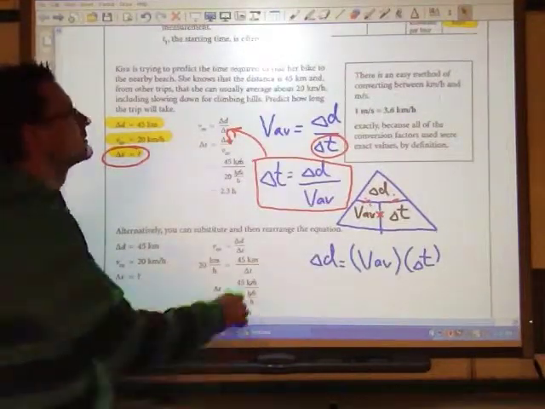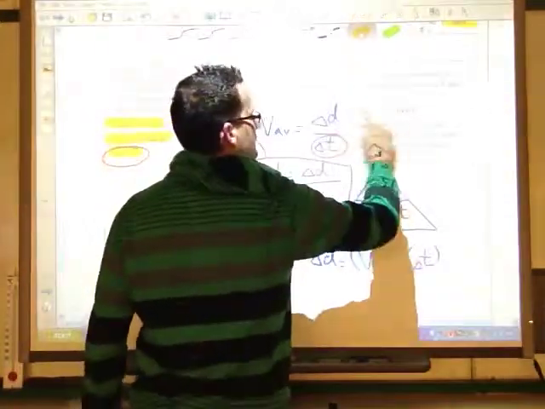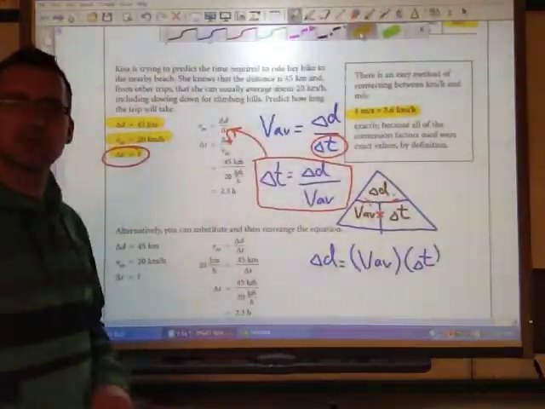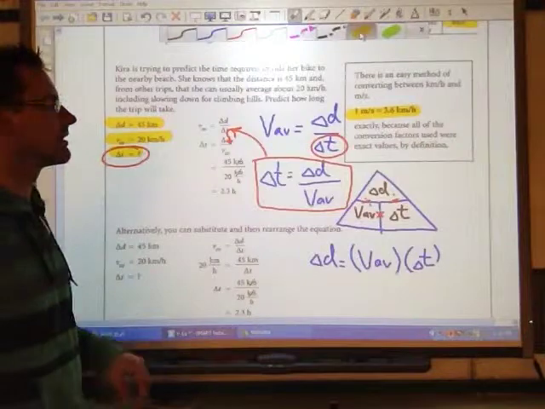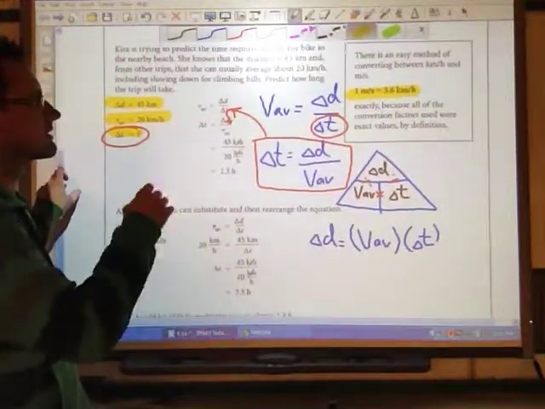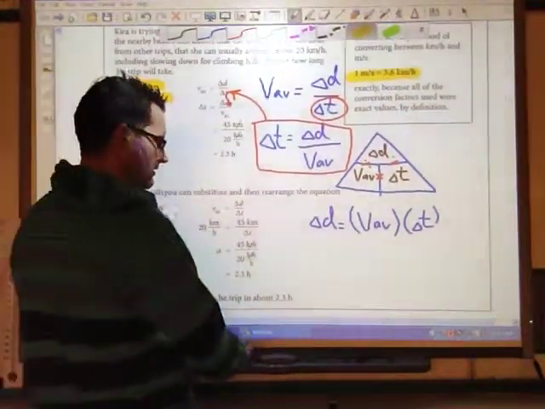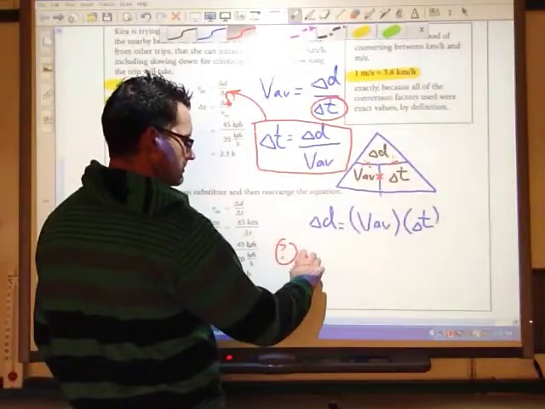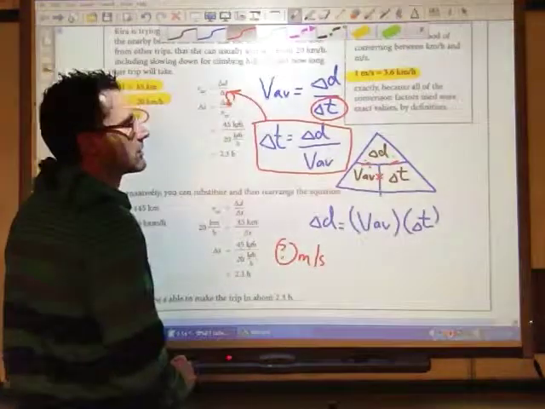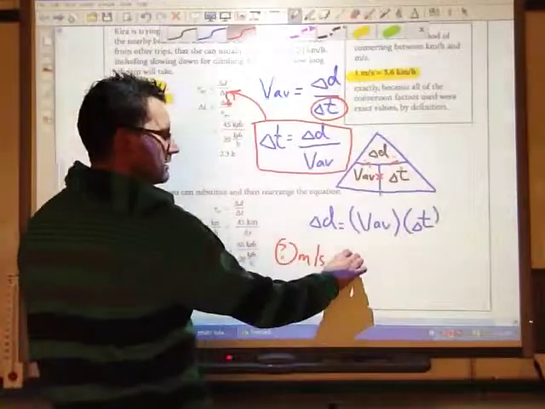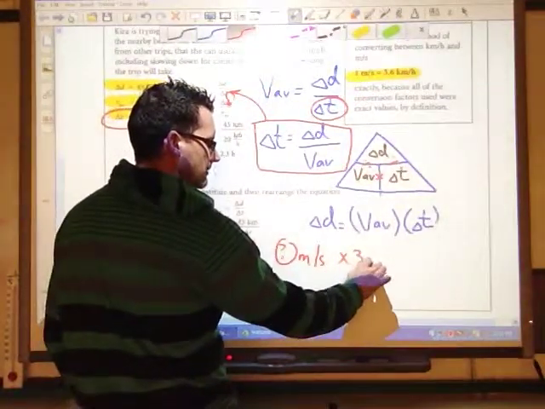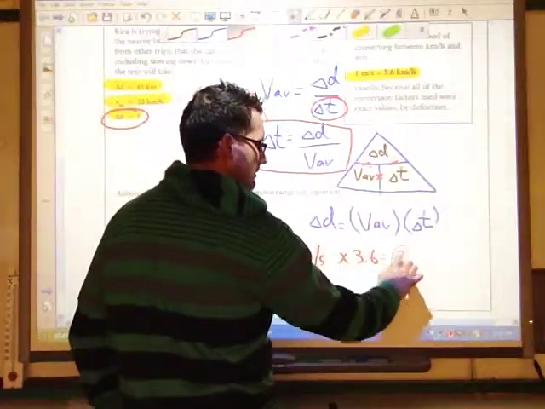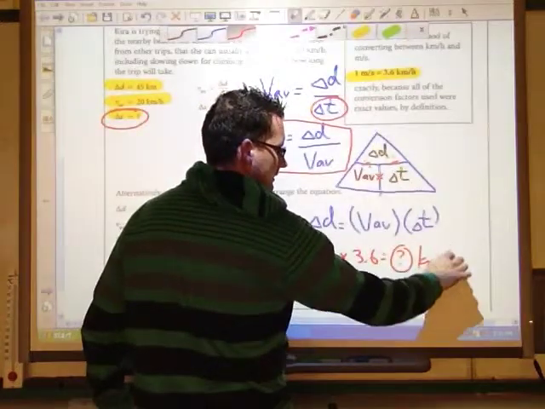But one final thing to note that we've touched on before is how to convert speed of meters per second to kilometers per hour. And the magical number there is 3.6. So if you have so many meters per second, and if you want to go to kilometers per hour, you multiply by 3.6, and that'll give you your answer in kilometers per hour.